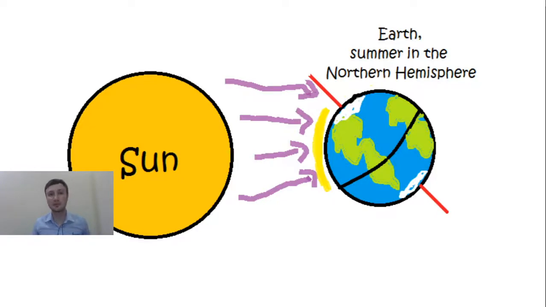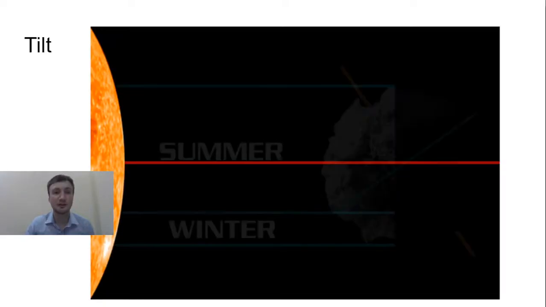So that's what summer is. Summer just means that your half of the planet is leaning more towards the sun. But obviously, when it goes around the other side, the northern hemisphere will be leaning away from the sun. So we'll go into winter.